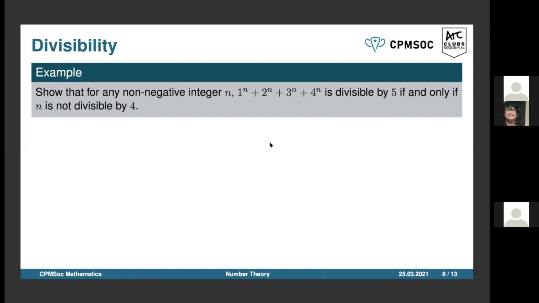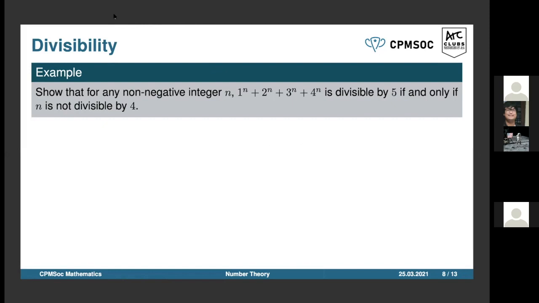Cool. All right, so I'm taking this question. All right, so divisibility example question is show that for any non-negative integer n, we have this sum of powers 1 to the n plus 2 to the n plus 3 to the n plus 4 to the n.